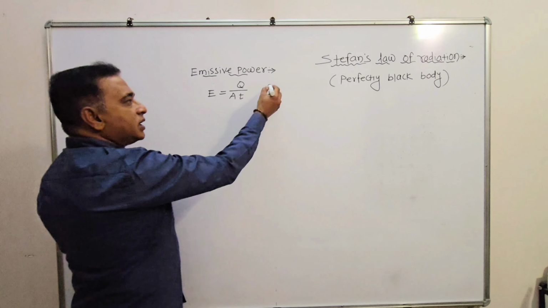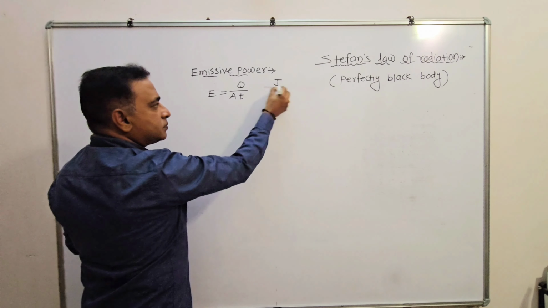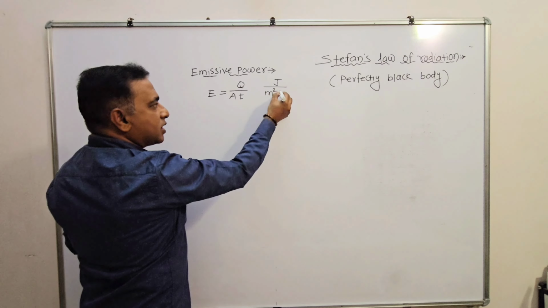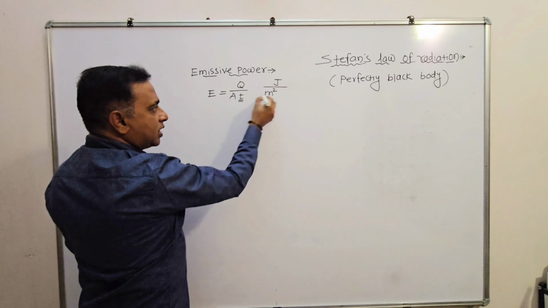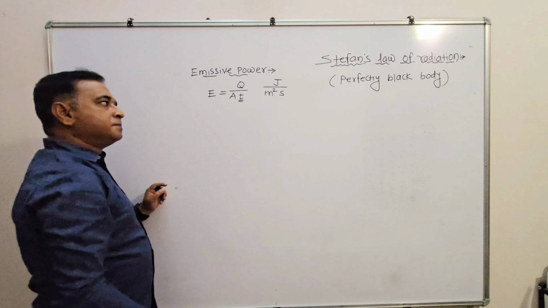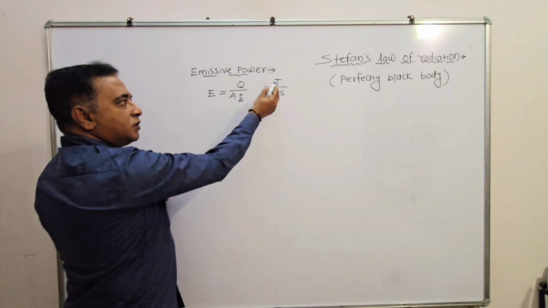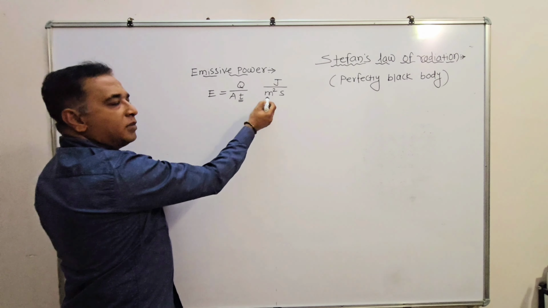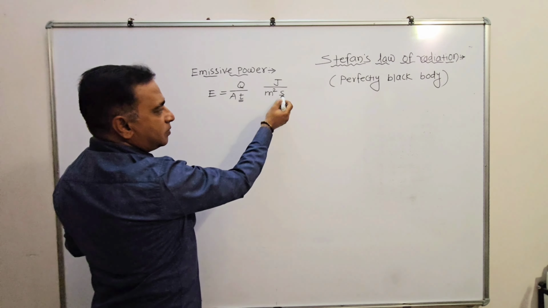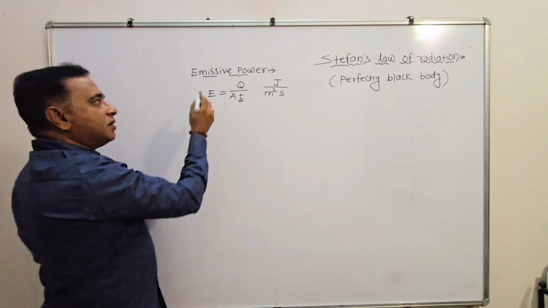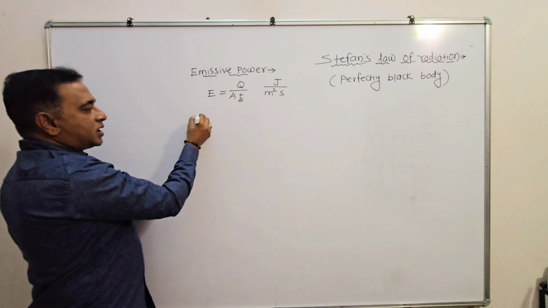The unit is joule per meter square per second. Q is measured in joule, A in meter square, and T, the time, in second. This is emissive power.